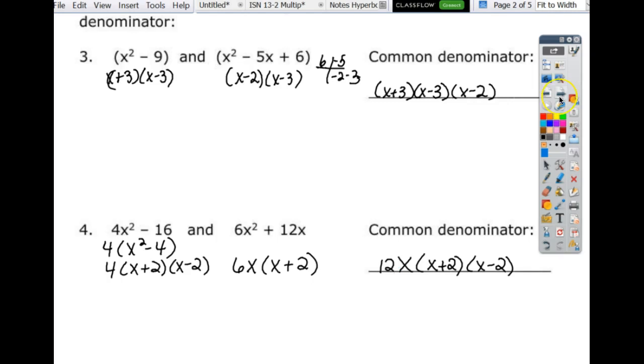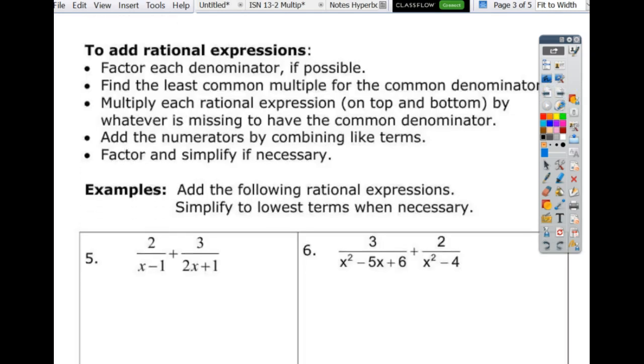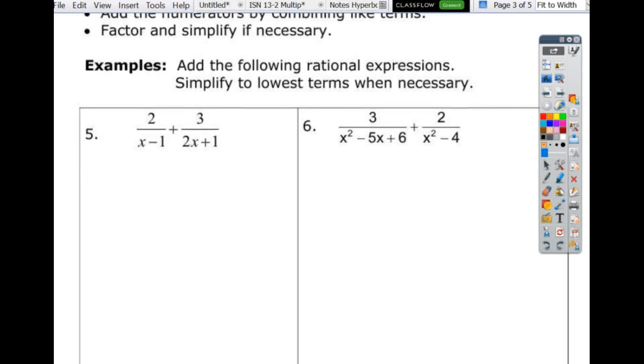So this is how it's going to work. If I'm going to add these, I have to have a common denominator. So my common denominator, I need this, and I need this. And then this is how we work this. I'm going to write the number that's over the x minus 1.